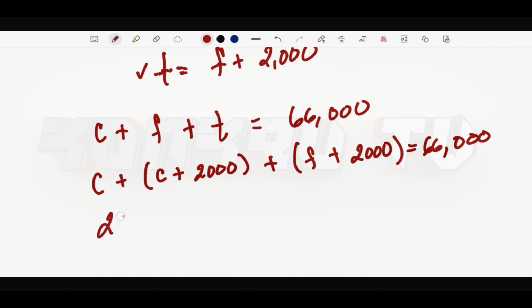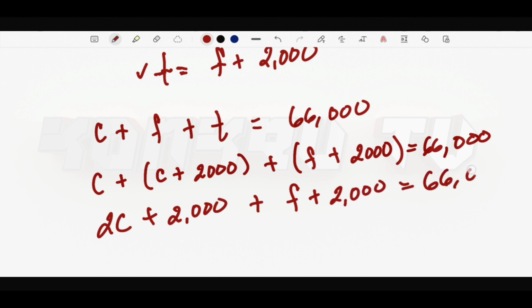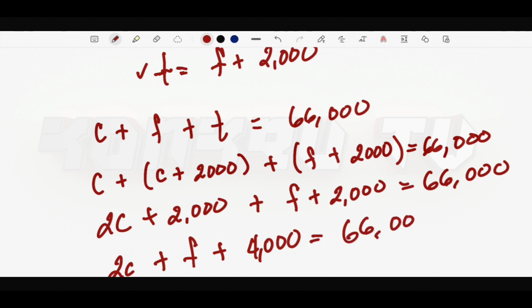So meron tayong 2C plus 2,000, plus F plus 2,000 is equal to 66,000. Next one, 2C plus F plus 4,000 is equal to 66,000.